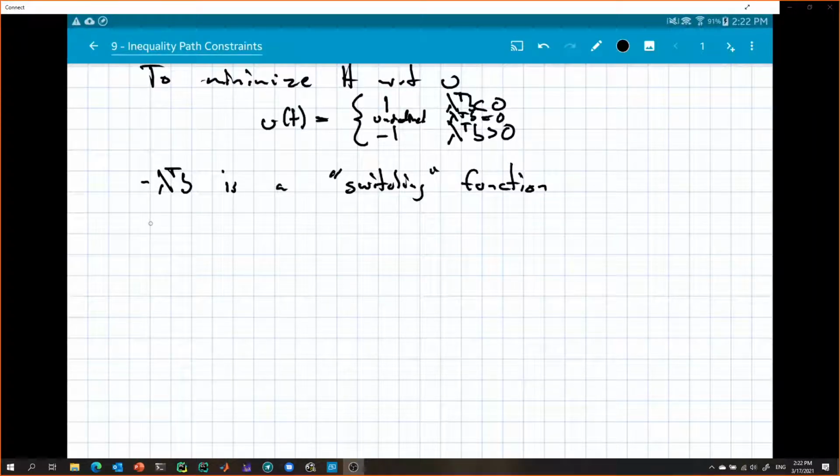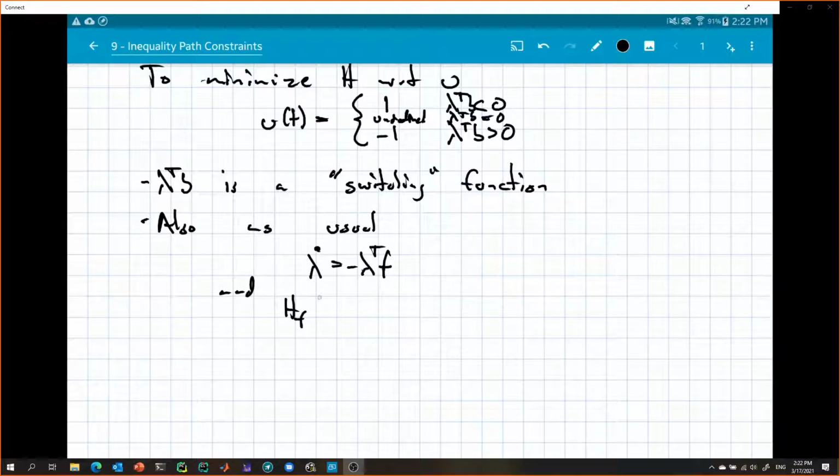And then we also have conditions as usual. We have our co-state dynamics, and to determine our terminal time, we have this condition as well.